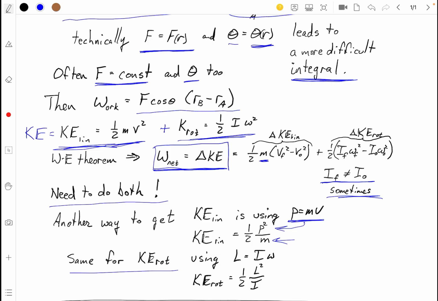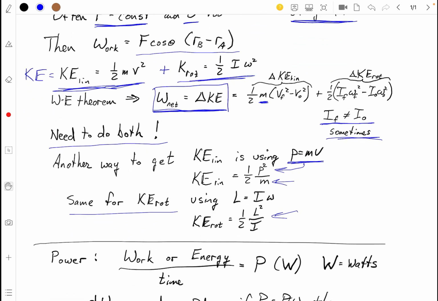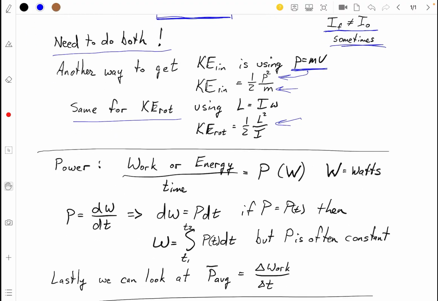And then the same goes for kinetic energy rotationally. You can do your angular momentum squared divided by the moment of inertia. Those work, and they're very helpful sometimes, especially if you're given the angular momentum or the regular momentum.